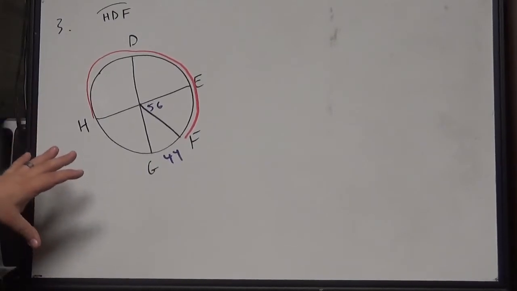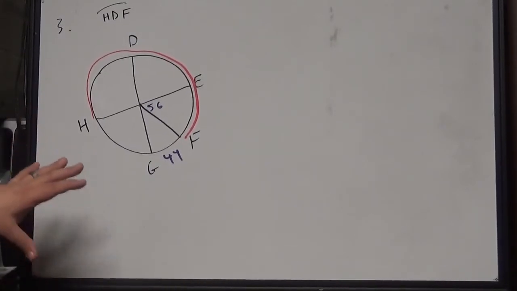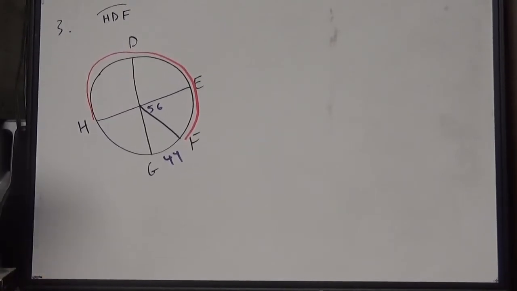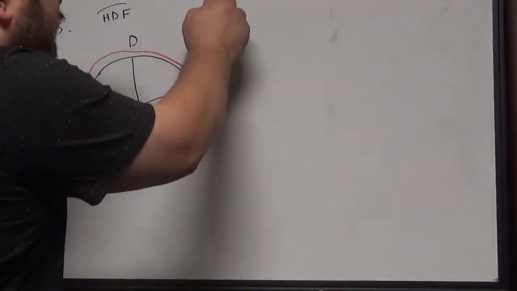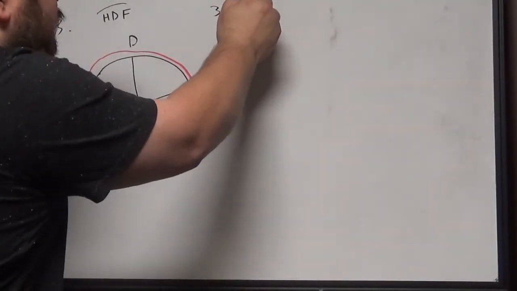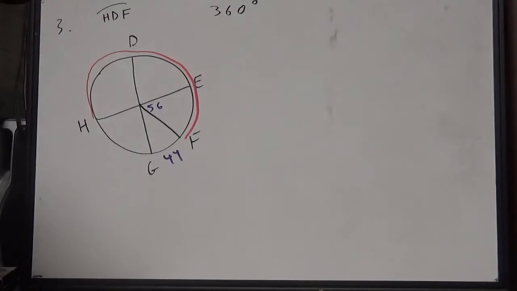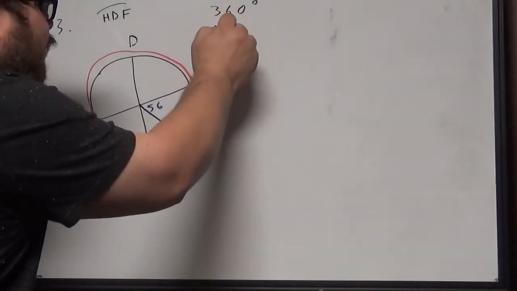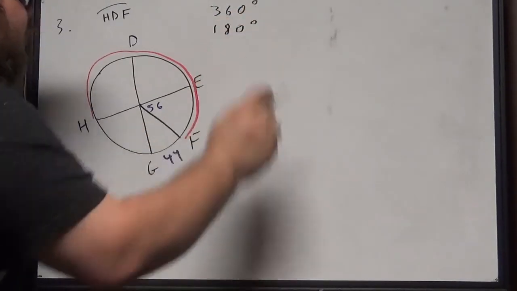The second thing is to decide what rule we're using. And what I mean is, is it the rule of 360 or the rule of 180? An entire circle has 360 degrees. And a half of a circle then has half of 360, which is 180 degrees.